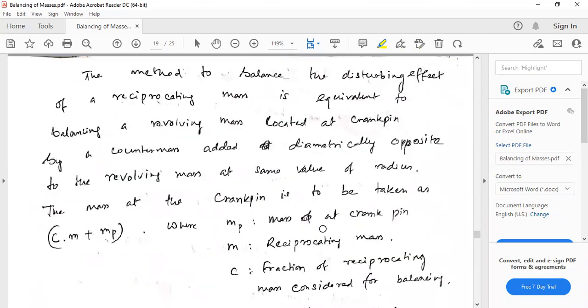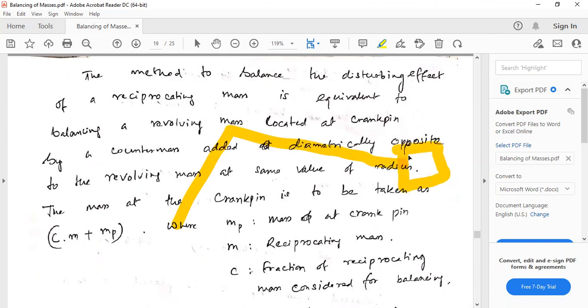This is very difficult to scroll here and there, I'm sorry about that. So let's read it once again. The method to balance the disturbing effect of a reciprocating mass, it is understood, is equivalent to balancing a revolving mass located at the crank pin.